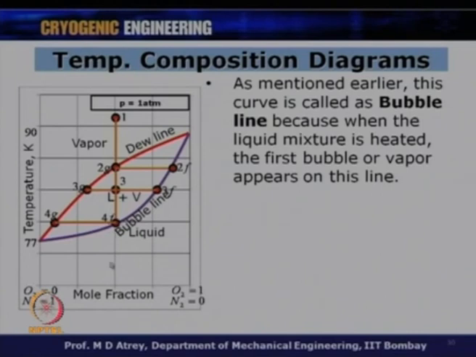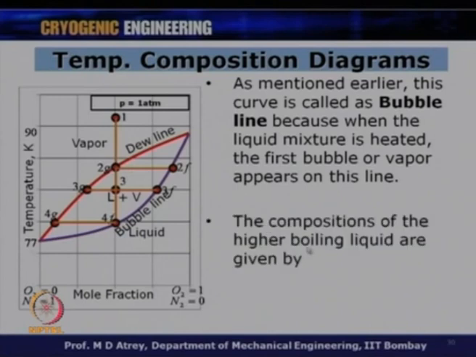The bubble line shows the first bubble when we start heating the liquid, while the dew line shows when we start lowering the temperature of a mixture, and when it hits this particular temperature, the first dew, or the first liquid or condensate, would appear, and therefore it is called the dew line. I hope you have understood this.